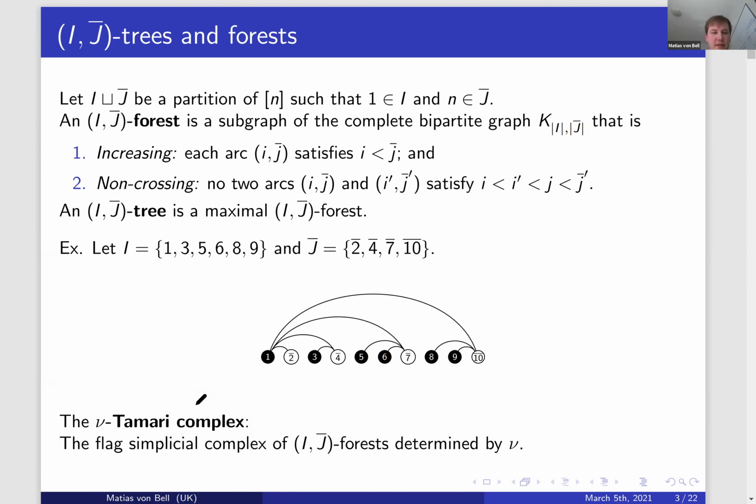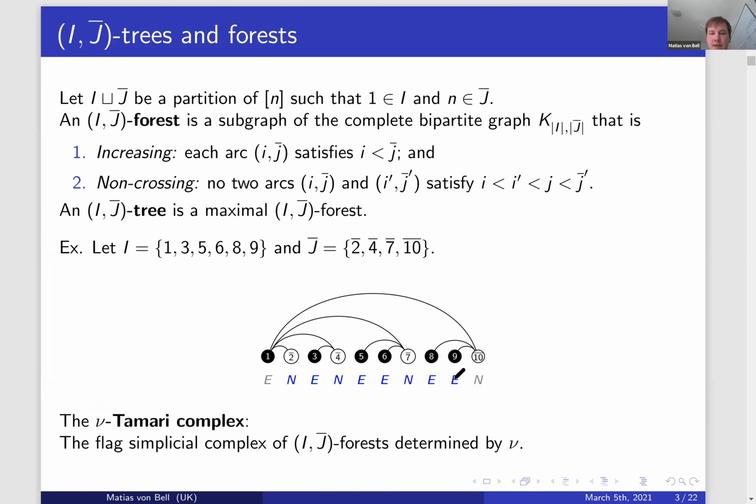You might have seen the letter nu show up and wonder how this relates to ij trees and forests, because there doesn't seem to be a lattice path immediately here anywhere. Instead, the lattice path shows up here as a sequence of north and east steps.